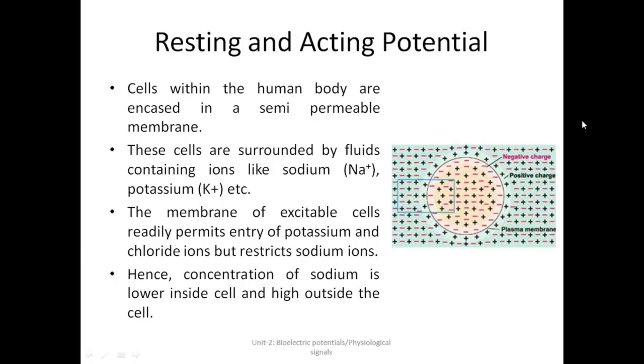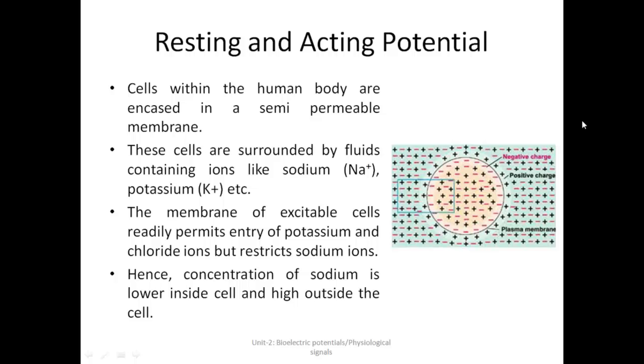The cell membrane has a tendency to permit potassium and chlorine ions very easily, but it has a tendency of restricting sodium ions. Sodium ions are positively charged, potassium ions are positively charged, but chlorine ions are negatively charged.